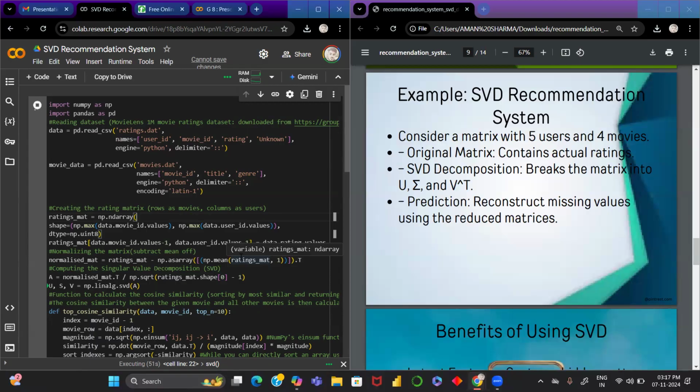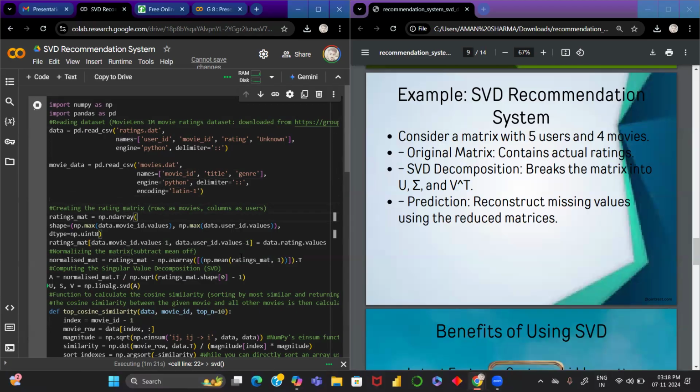So we have a data set of movies, which contains millions of ratings of different movies. I think around 2,000 movies are there in the data set. So first, we are reading the data set using the Pandas library.